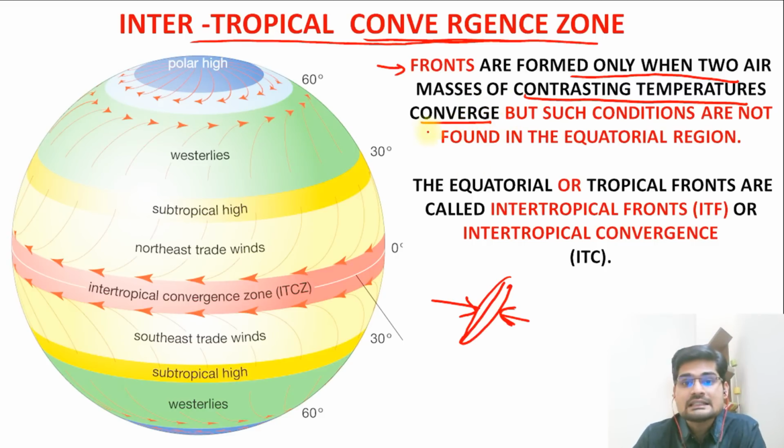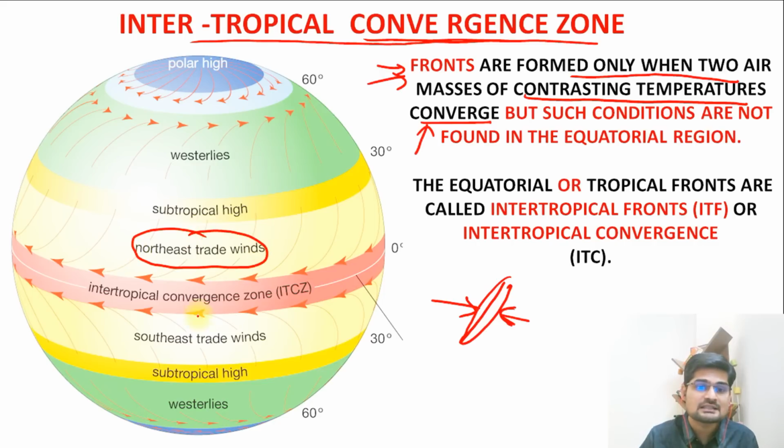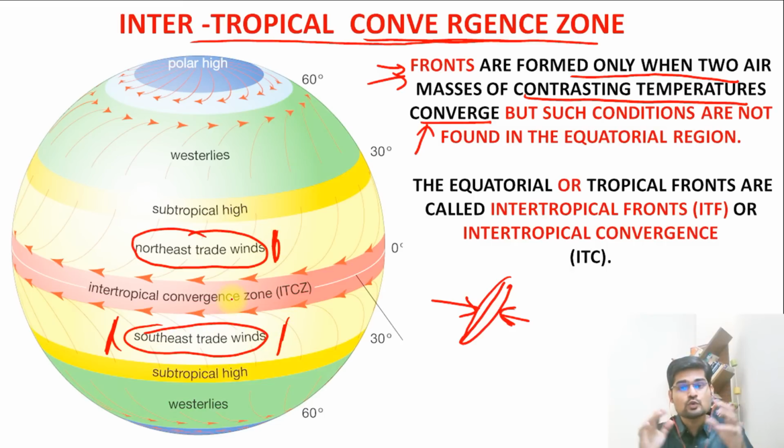Basically, this convergence is not like frontogenesis or frontal action. Why? Because remember, the trade winds on the northern side of the equator and the southern side of the equator both have similar temperature zones, so they have a similar nature. When 2 similar kinds of wind meet, this kind of zone is very unique in itself. That is why it is not like any other convergence, but different in nature.